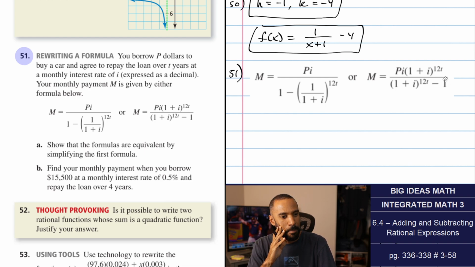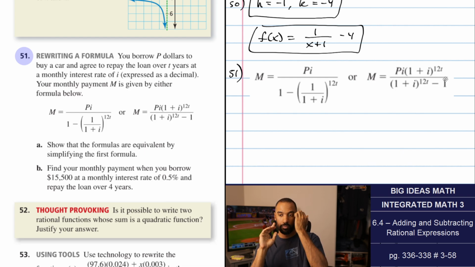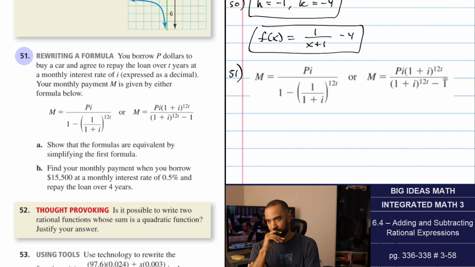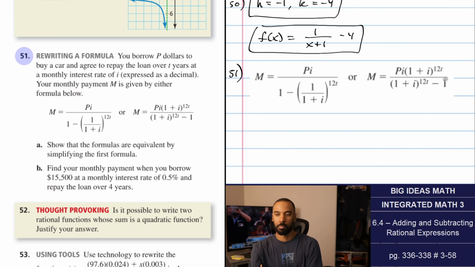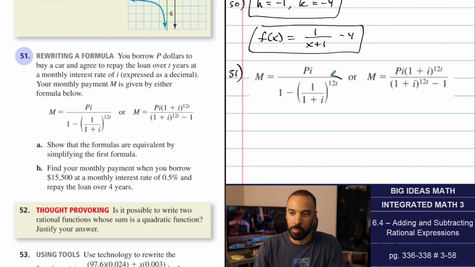Is I like the imaginary number I? No, it's a monthly interest rate expressed as a decimal. I have to think about this one. Here's the problem. The problem is this exponent. This exponent upsets any sense of order of operations.